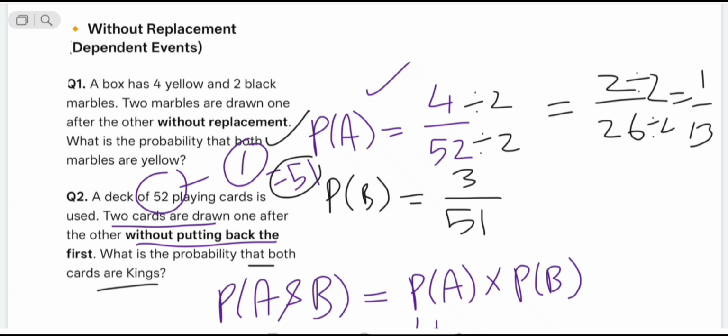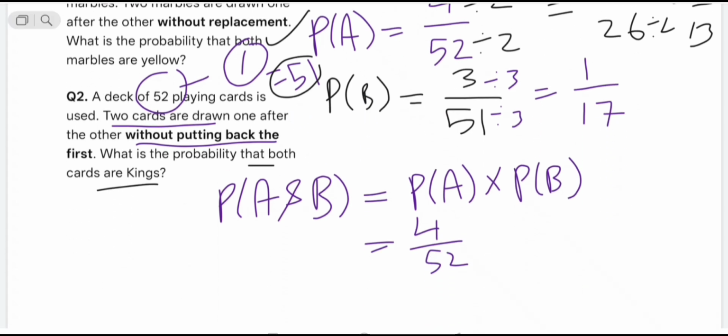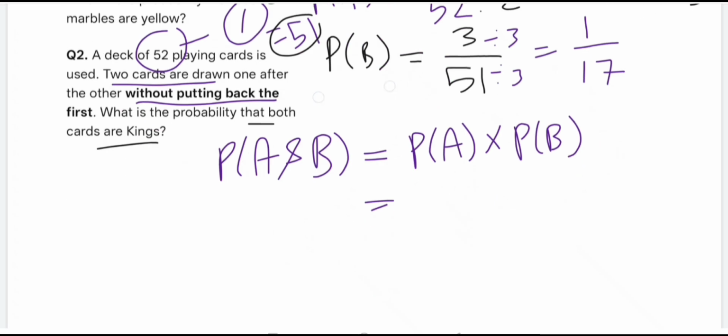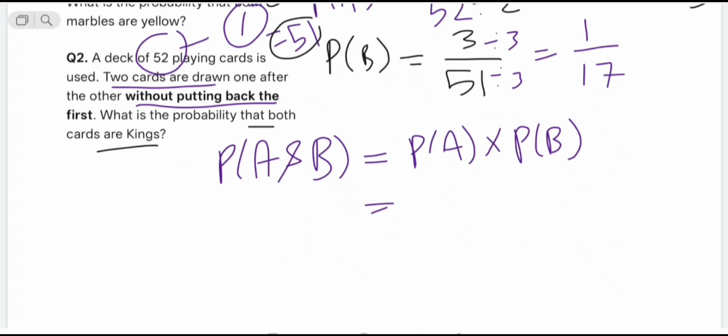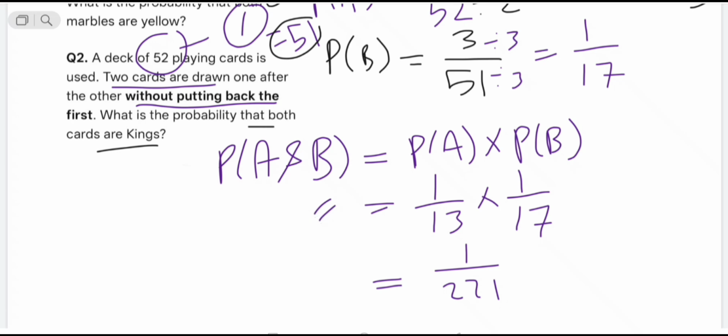This can also be simplified: both are divisible by 3, so 3 divided by 3 is 1, and 51 divided by 3 is 17. So the probability of A is 1 over 13, and probability of B is 1 over 17. So 1 over 13 times 17, which is equal to 221. This is our answer. This is the probability that both cards are king.